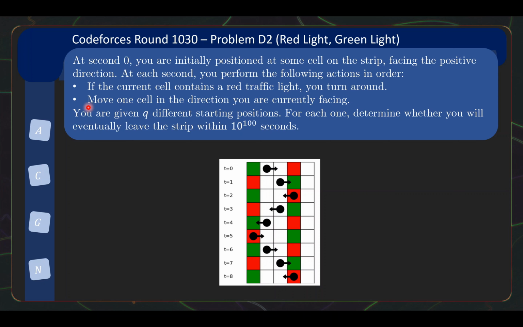Now, regardless whether there's a red traffic light or not, you also move one cell in the direction you are now facing. So, for example, you start here at time equals 0, you check: is there a red traffic light? No, so you don't need to turn around, but then you move one cell forward, so that's why you end up here at time t equals 1.